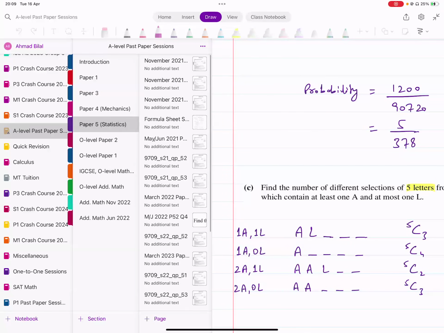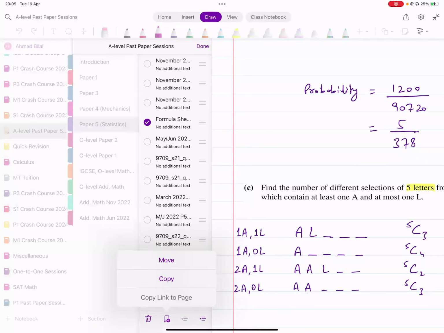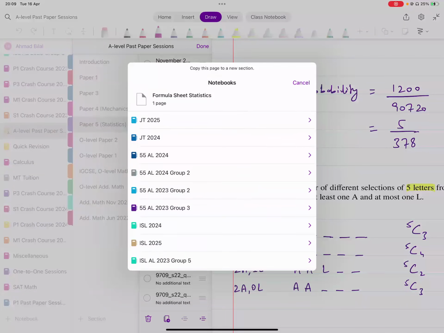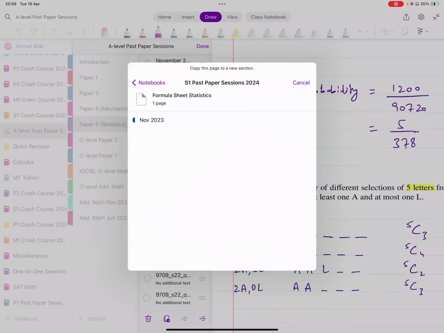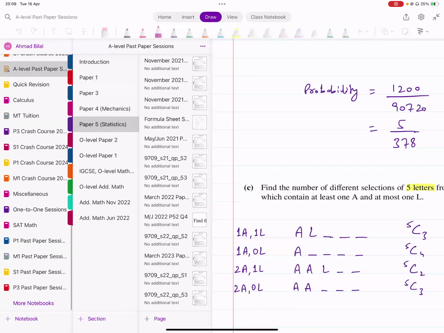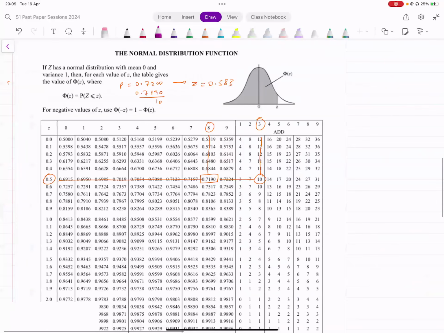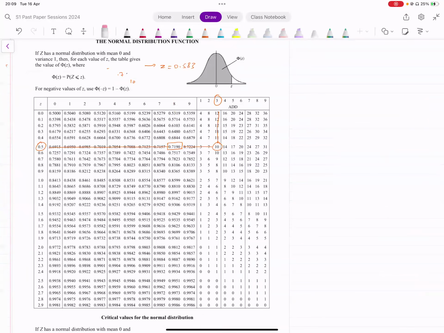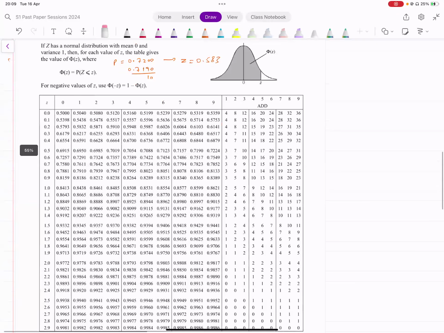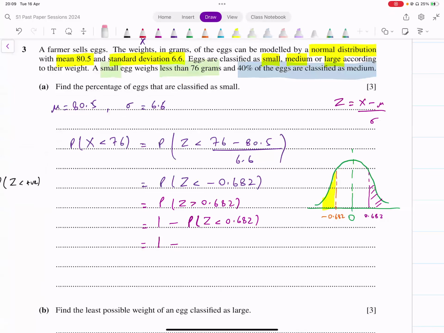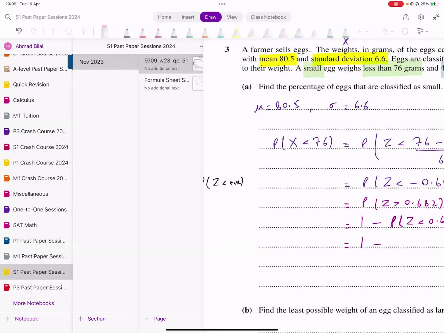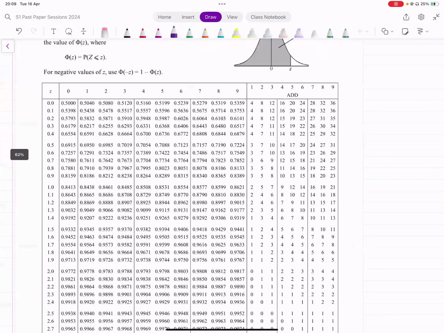The S1 table should be here. Okay, so what was the Z value? The Z value that we had here was 0.682.